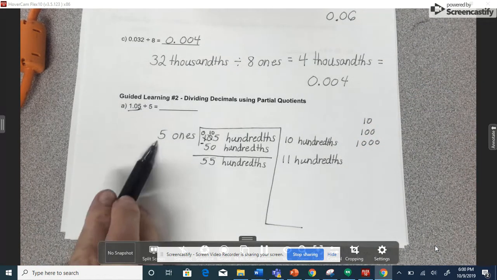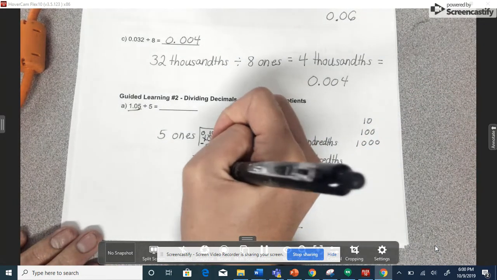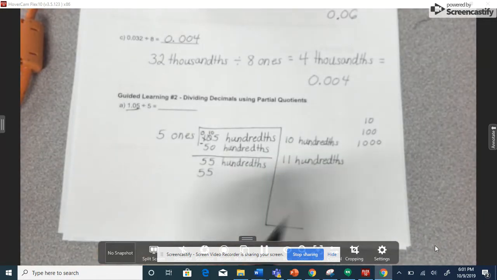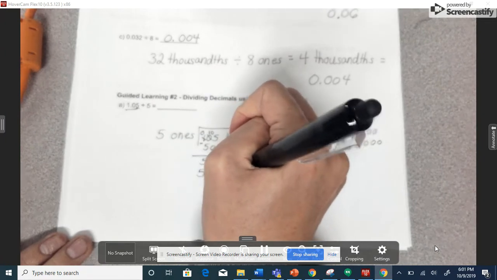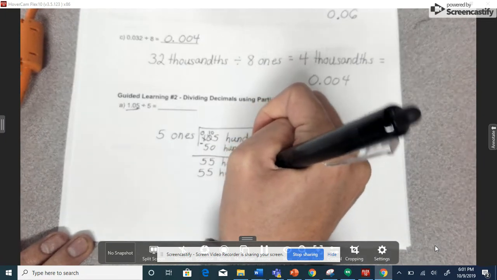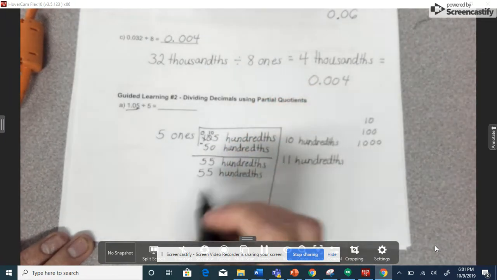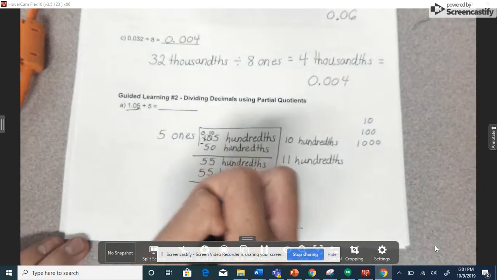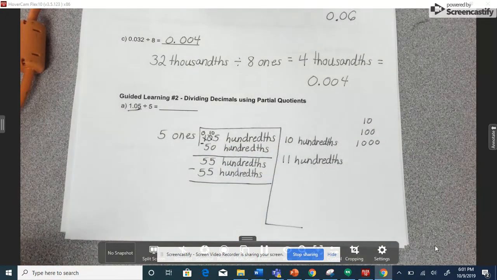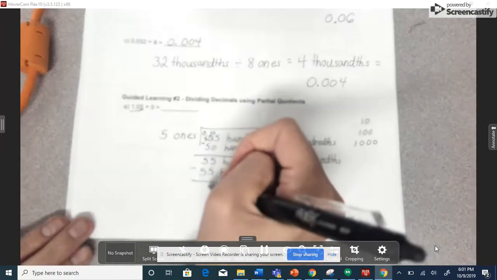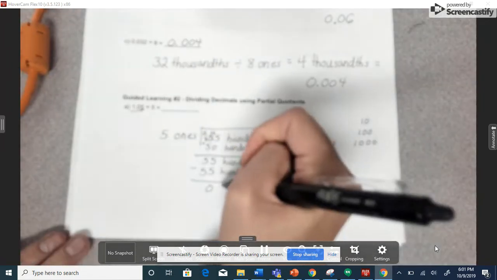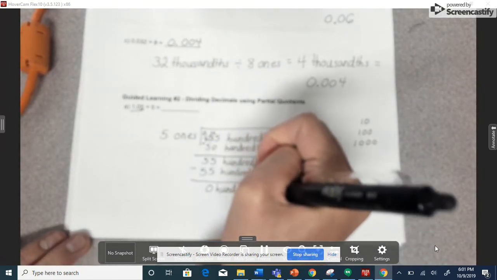So let's see, 5 times 11 is 55. Ones times hundredths is hundredths. And now I'm going to subtract. 55 minus 55 I know is 0. So we have 0 hundredths left over.